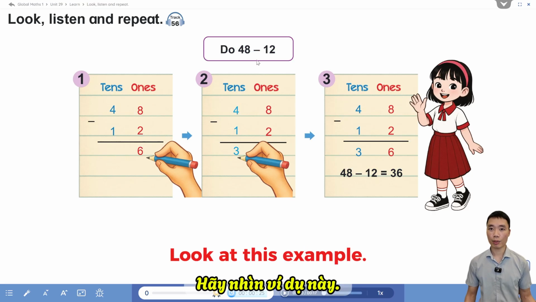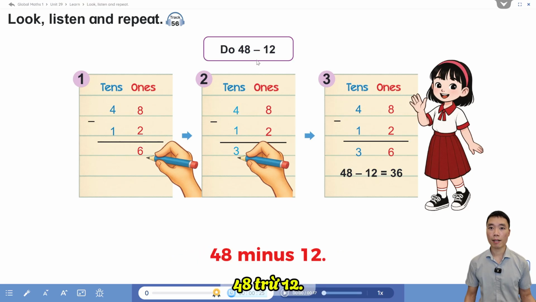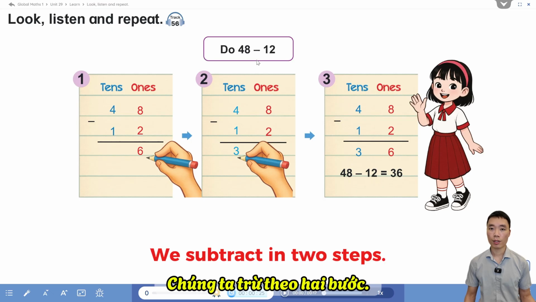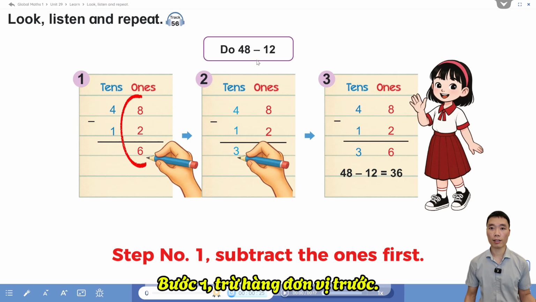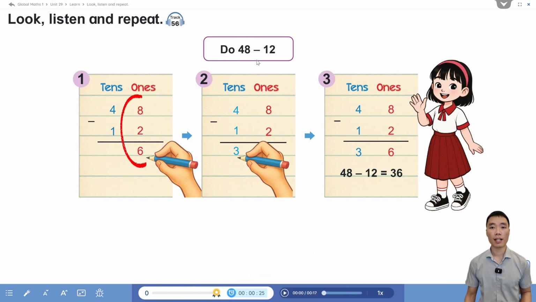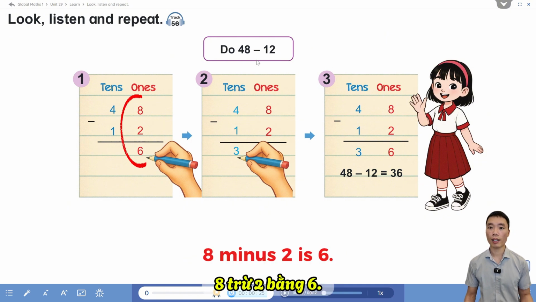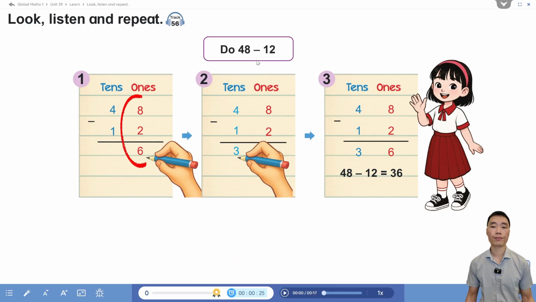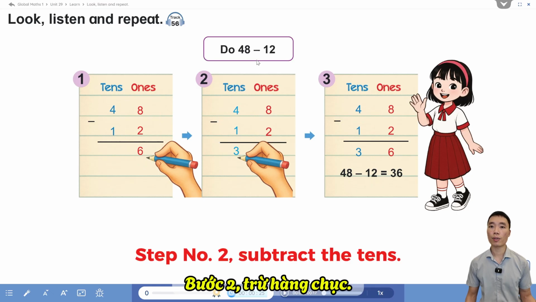Look at this example. 48 minus 12. We subtract in two steps. Step number 1. Subtract the ones. First, subtract the ones. 8 minus 2 is 6. Step number 2. Subtract the tens.